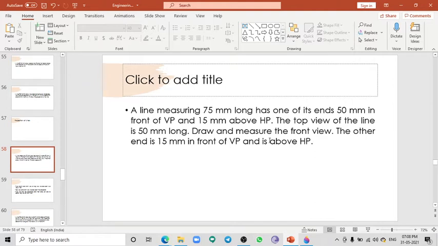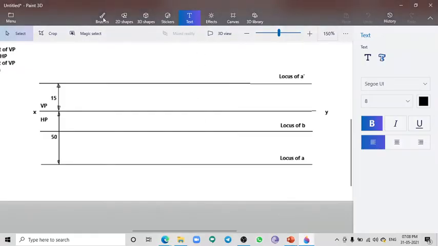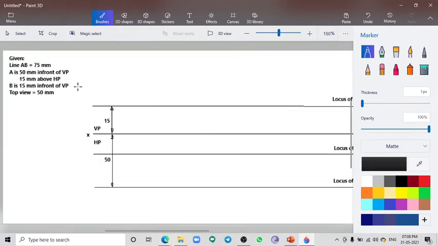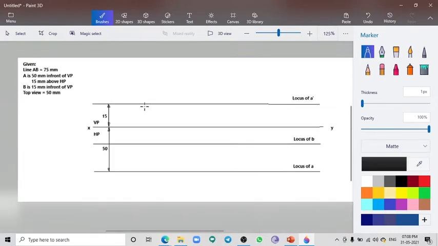Next we have to start with the top view of the original line. We have to assume a starting point.